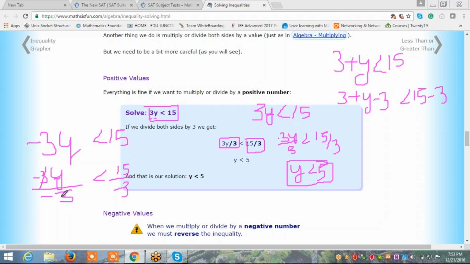Then you're going to get plus y, but here you're going to get minus 5. So if you get a minus value, you have to change this one. This lesser symbol is converted to greater symbol. Is that part understood?